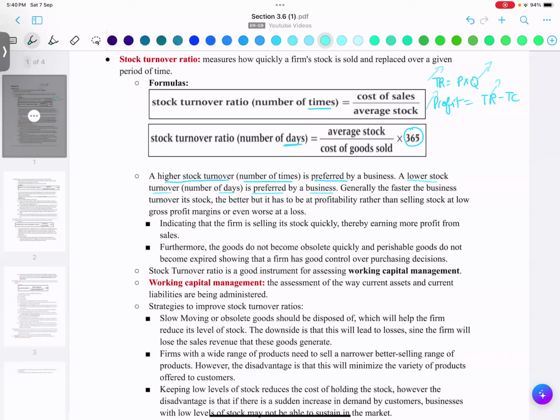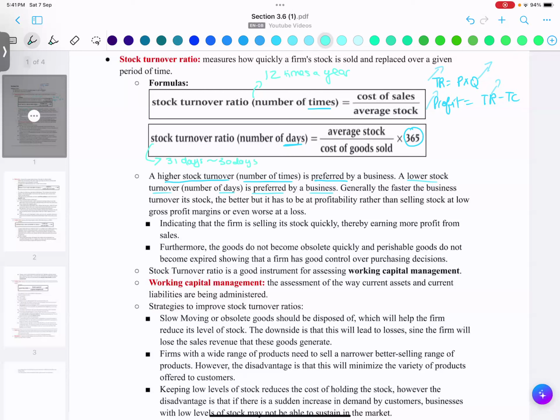Number of times means, for example, let's say they replace their stock 12 times a year, once a month, right? Okay. But their stock turnover ratio in number of days, let's say, is 31 days. So that's like the average month, or 30 to 31 days. Basically, that's equivalently the same thing, right?